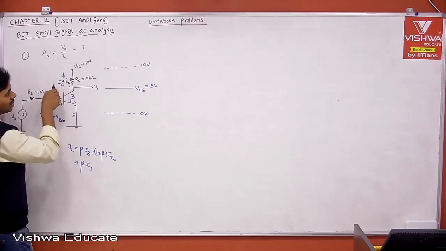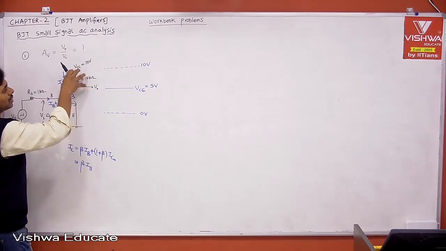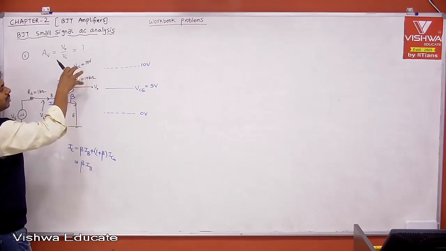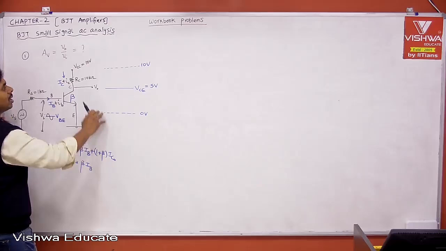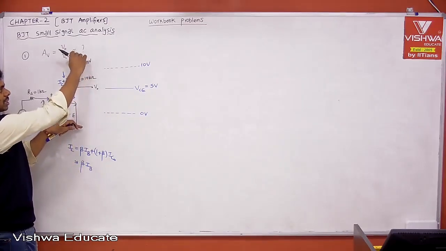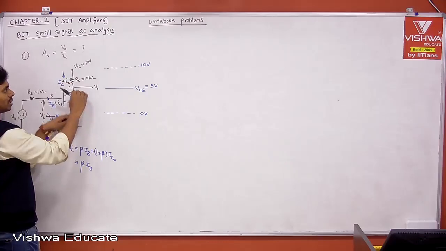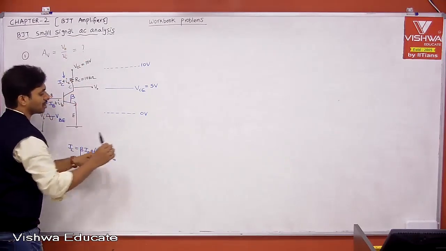When the current is increasing, definitely the drop across RC also will increase. When the drop across RC is increasing, the same amount of decrement you see at the transistor output, because the VCC to ground is constant. This voltage is equal to this voltage plus this voltage. If the voltage across RC is increasing, then the voltage at the output of the transistor will decrease.